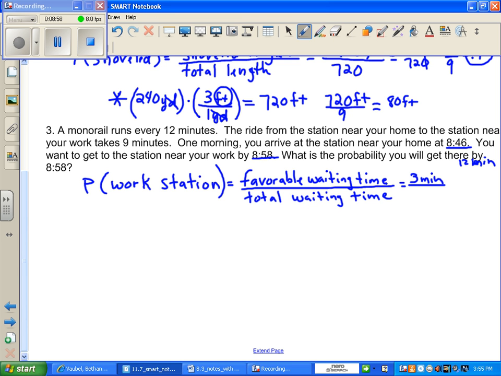Now the total number of minutes that I have before the time I want to be at my station is 12 minutes. So if I reduce this, I have 1 over 4, which is 25 hundredths, or you could say 25% chance of doing this. Any form is acceptable.